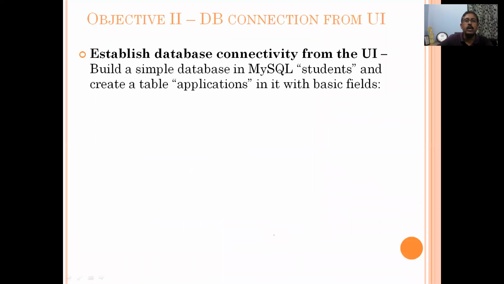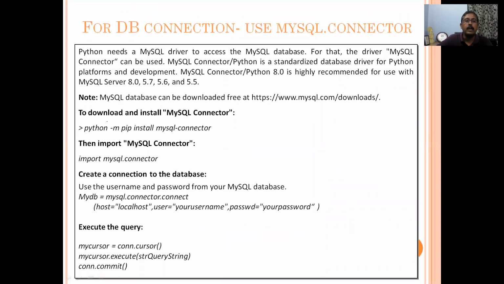What we have to first do is import the MySQL connector module, because this is the Python module which is going to help you connect with the particular RDBMS. That's what we will need. So how can you do that? Simply using the command python minus m pip install, pip install.